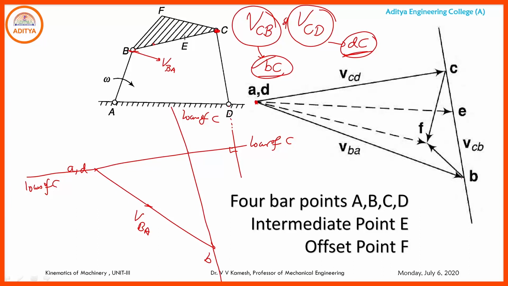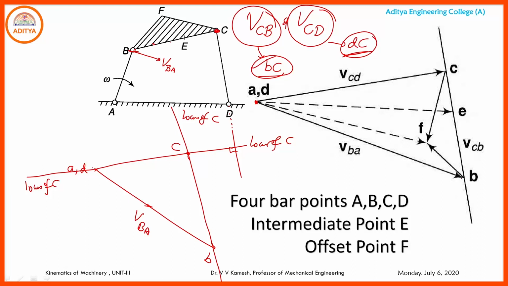So, as usual, this intersection will satisfy the C point. That means A, D are the fixed points, B is identified from the input data. Now, from the link perpendicular lines, BC perpendicular and CD perpendicular, a line from D, they will intersect and C will be identified.